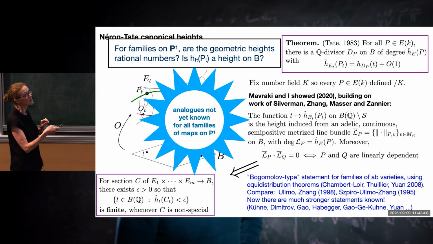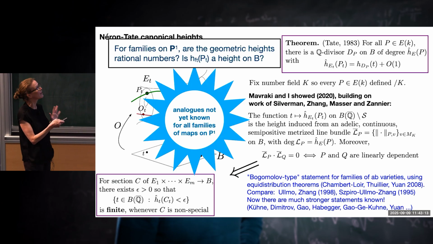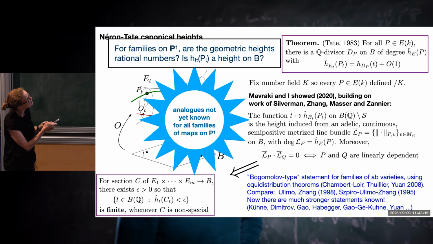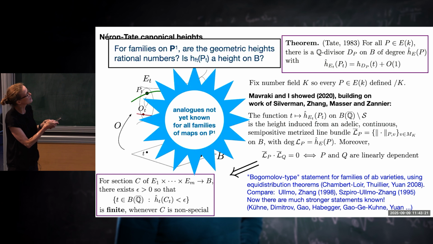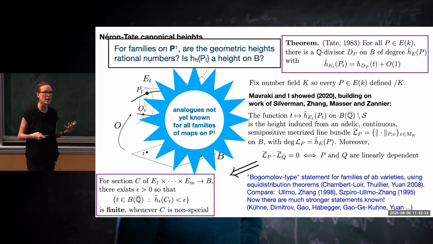We do not know this in general for families of maps on P1. This is still open. Even the very first part, the first observation in this statement, is that there's a Q-divisor that I'm calling D_P, whose degree happens to be this number. We don't even know that these geometric heights are rational numbers in the more general dynamical case.